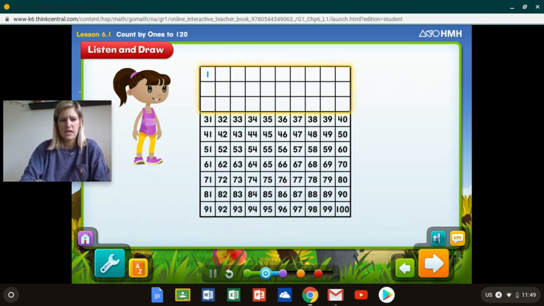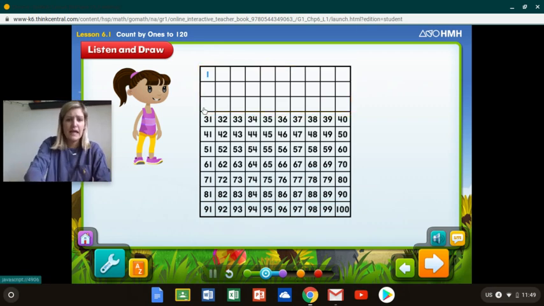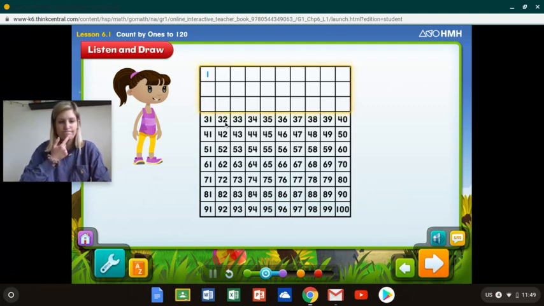So let's think about this, first graders. If we know that we're going to start at 1, that's how we always start counting. And the 31 is in the same column. Well, 1, 2.